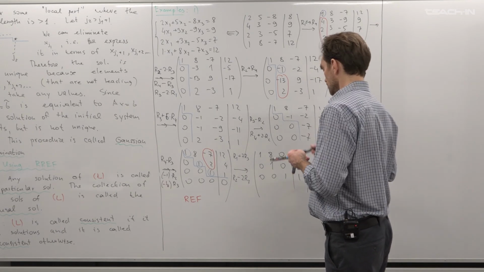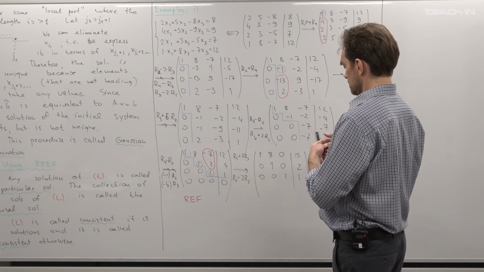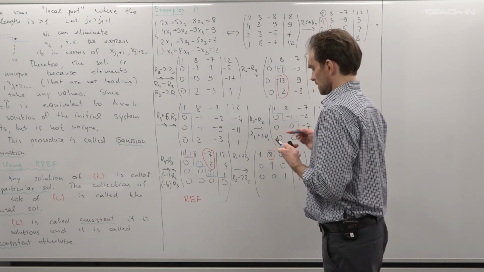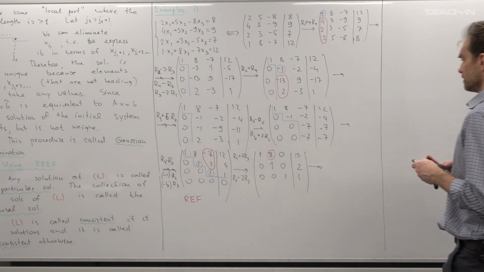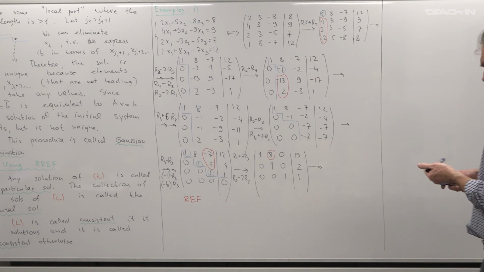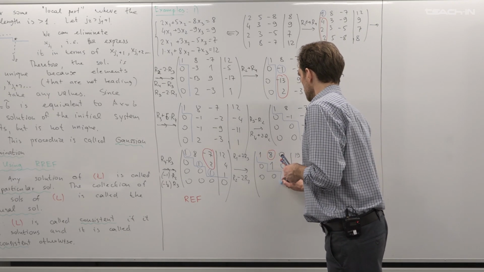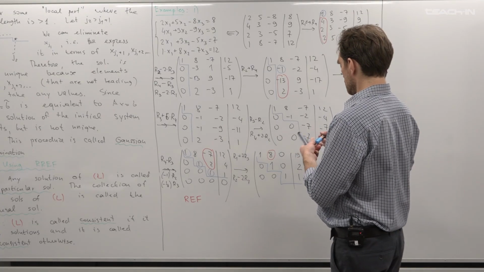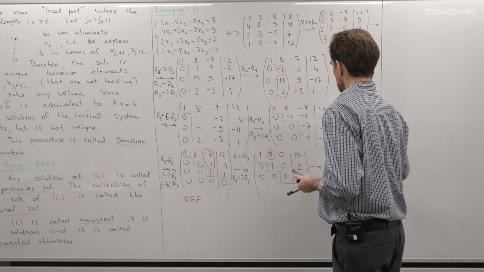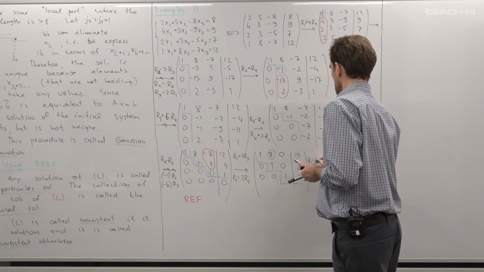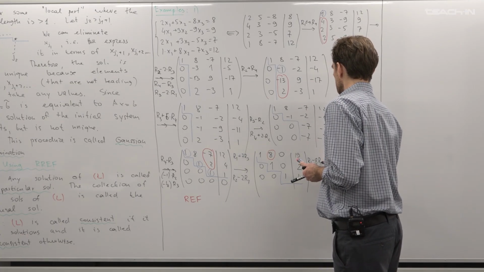And so what do we have here? We have the only element that we need to kill in order to transform this matrix to reduced row echelon form. So in this case we just subtract the second row multiplied by 8 from the first one.